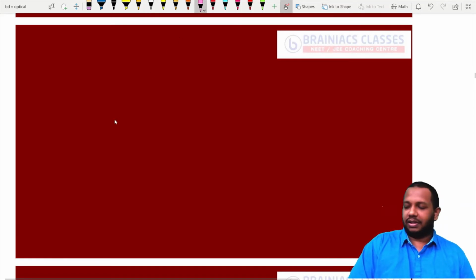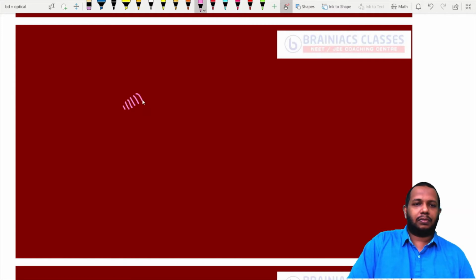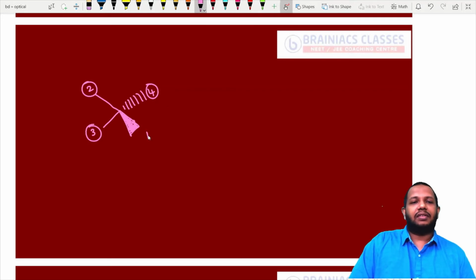Suppose you have something like this question. So 4 is present. Now you have something like here 2 is present, here 3 is present, and here you have the dash. Not dash, wedge. I always make mistakes whenever I say wedge and dash. This is dash, this is wedge, and this is dash, and this is 1.